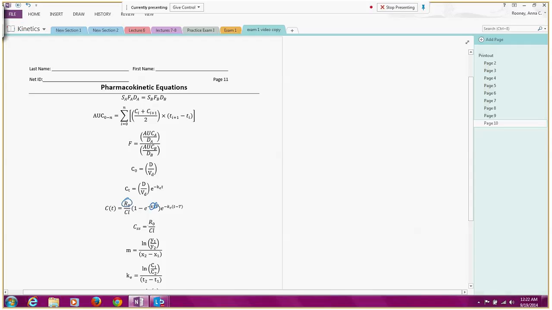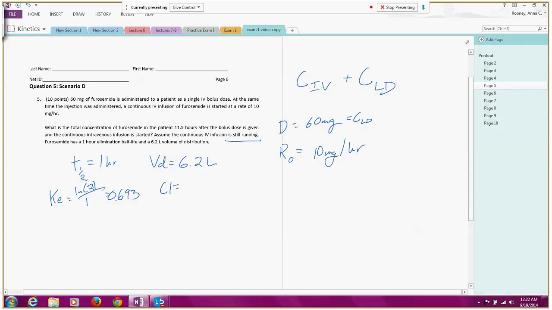We have this. We just need that. So you find your clearance by using the Ke and multiplying it by the volume of distribution. Coolio. And you find that that is 4.2966 liters an hour.